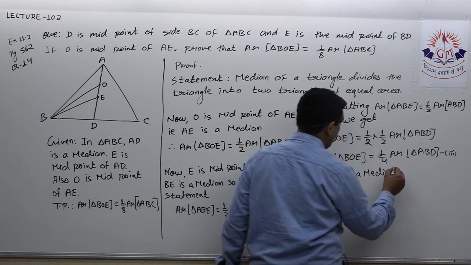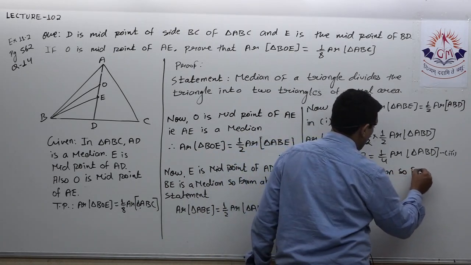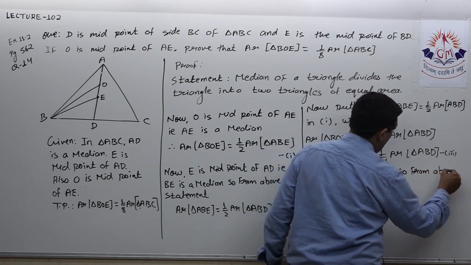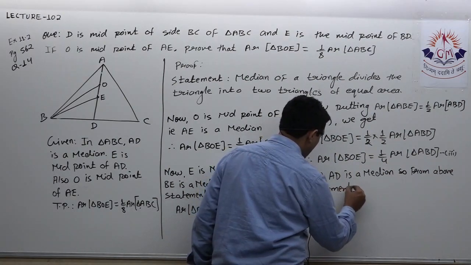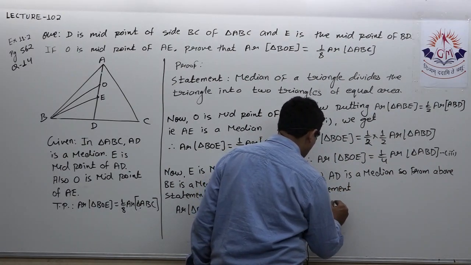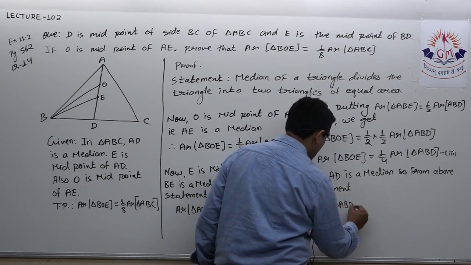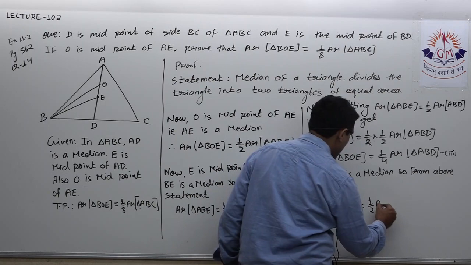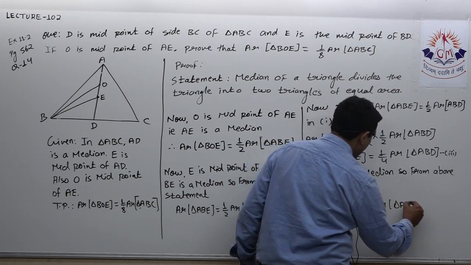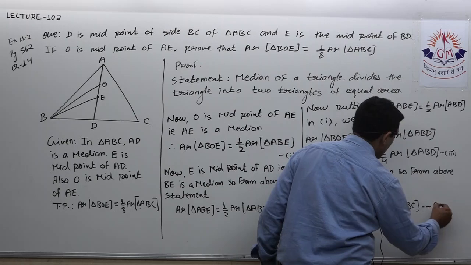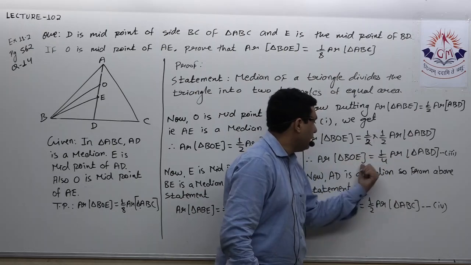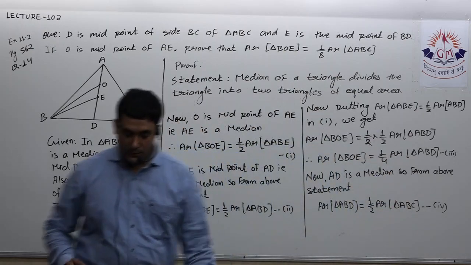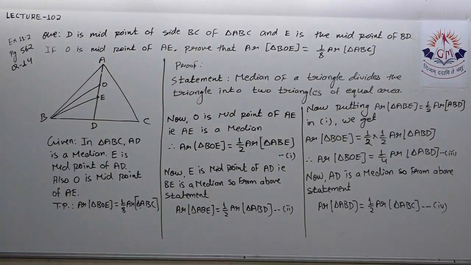From the above statement, I can write area of triangle ABD is equal to 1 by 2 area of triangle ABC. Let it be fourth. Now when you put this, area ABD equal to half ABC, over here, you will get BOE equal to 1/8 of ABC. So note it down up to this point, then I will give you the remaining solution.